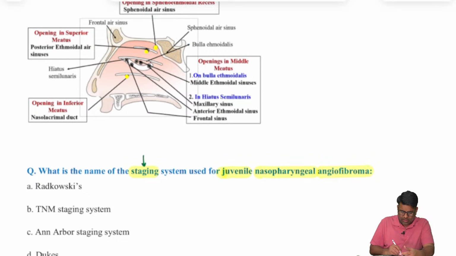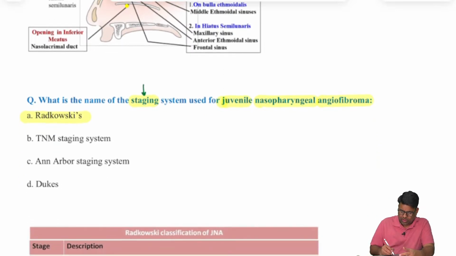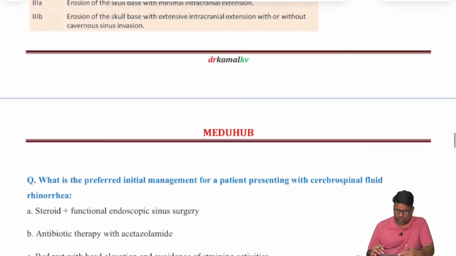So this is the Radkowski staging system, the Radkowski classification for juvenile nasopharyngeal angiofibroma. Just remember the name. Now, coming to the next question, what is the initial management in a case of CSF?